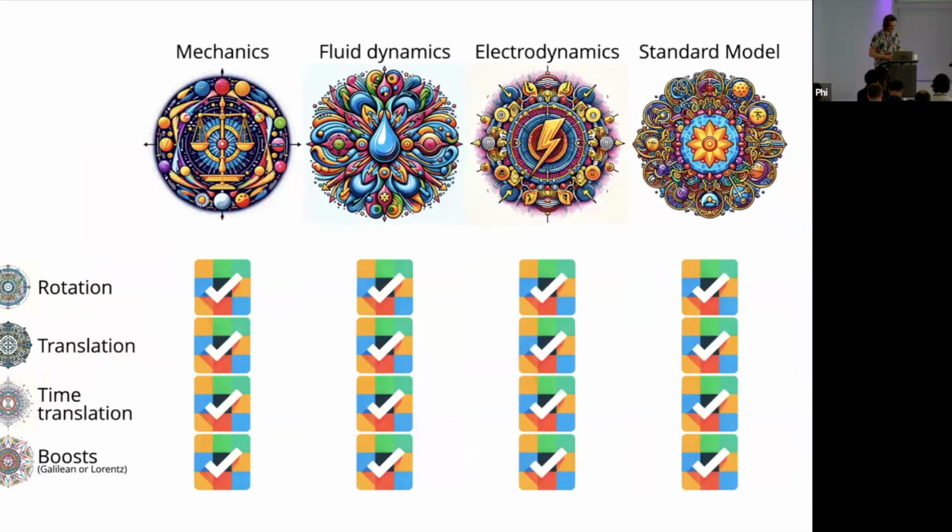But before, I want to give a deeper explanation of why equivariance is so cool. It comes from physics. All the models we have to explain our world that work well, like mechanics, fluid dynamics, electrodynamics, the standard model, are all equivariant to different groups of symmetries.